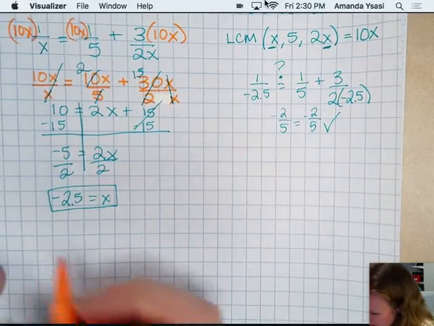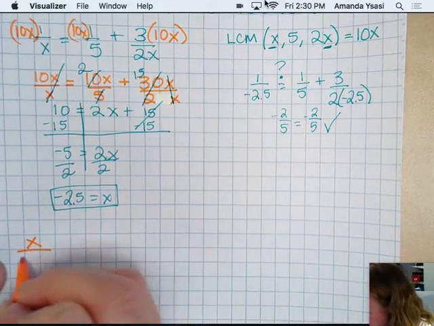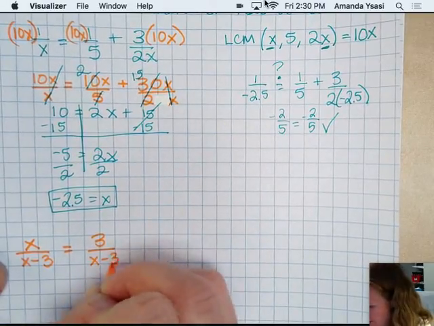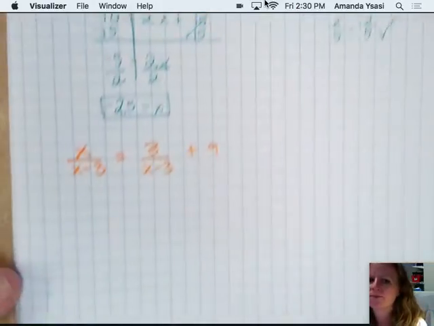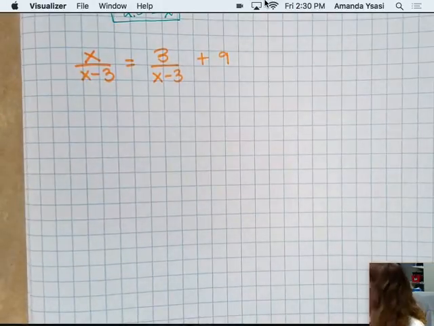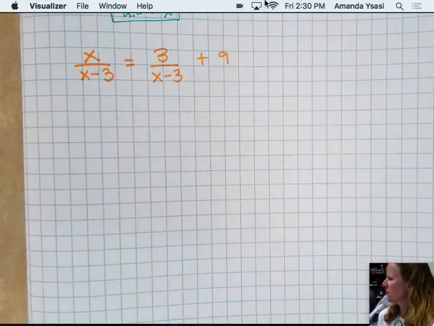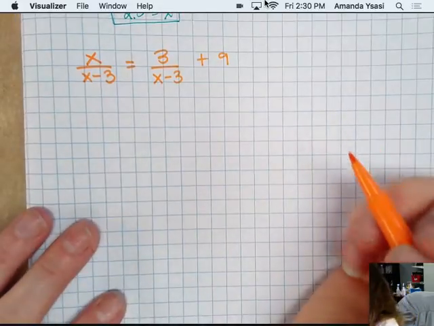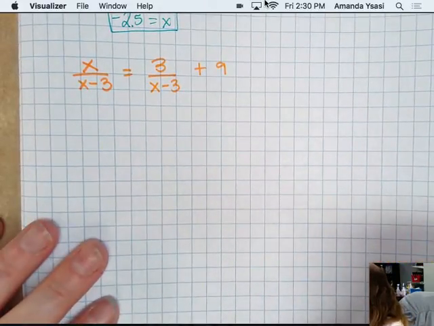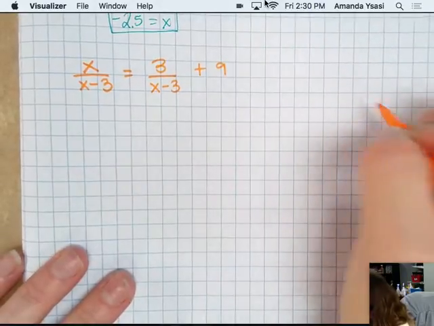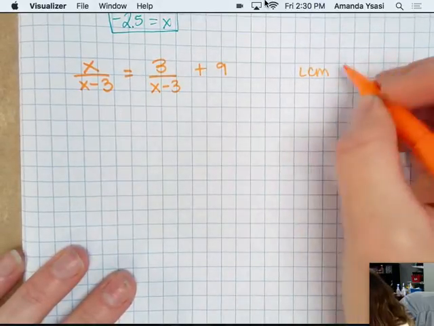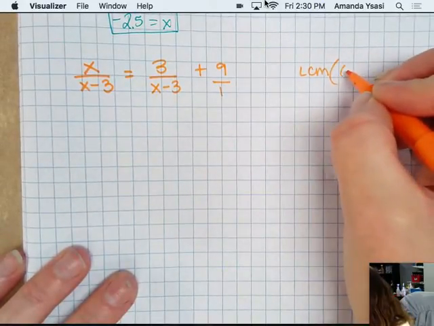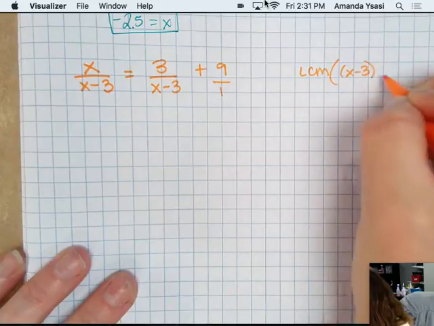Okay. Let's see about x over x minus 3 equals 3 over x minus 3 plus 9. Okay, so what is our common denominator? Or what is our LCM? These are the exact same, x minus 3 and x minus 3.